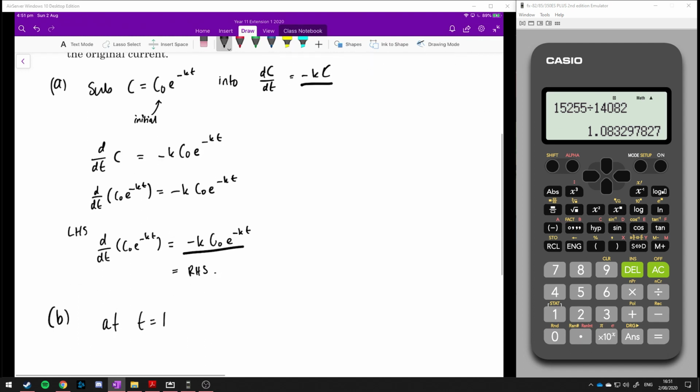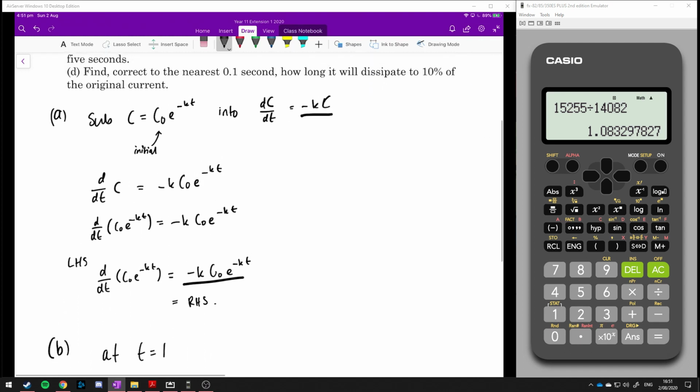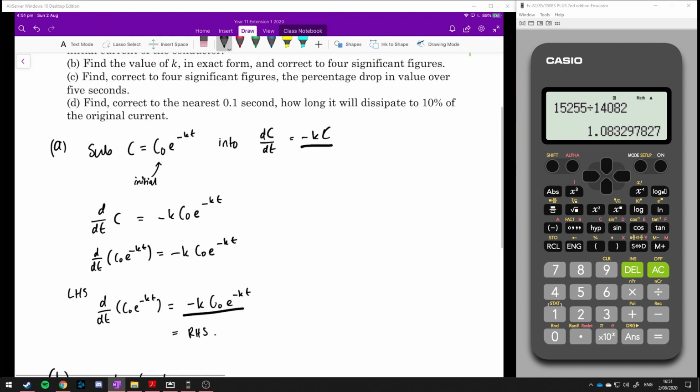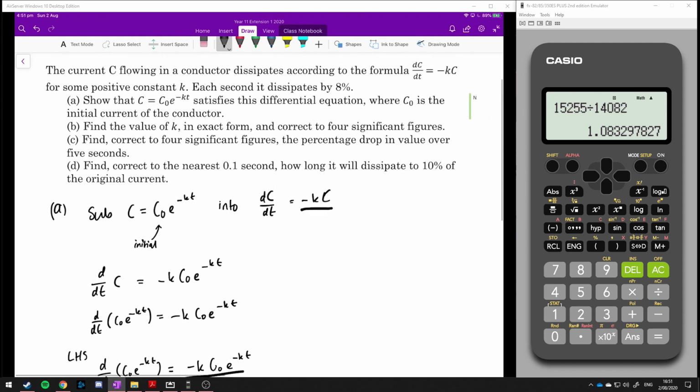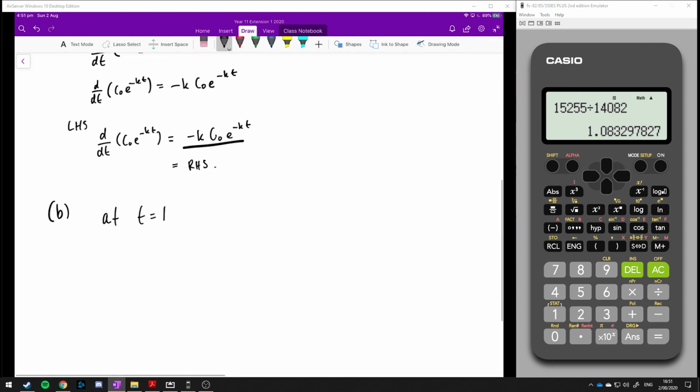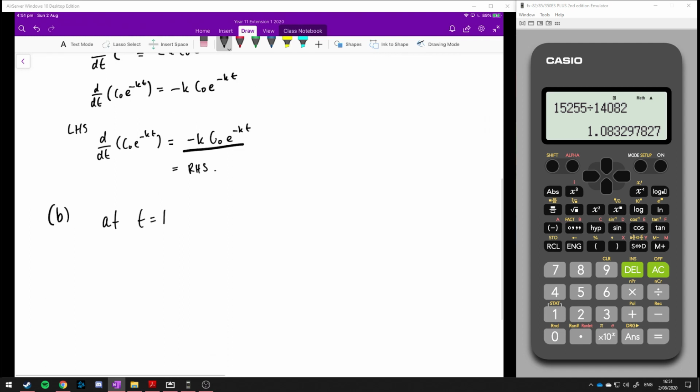So effectively, our multiplier in this case is essentially 100% minus our 8%, so it's going to give us 0.92. What that gives us is the equation C is equal to 0.92 of the original amount.